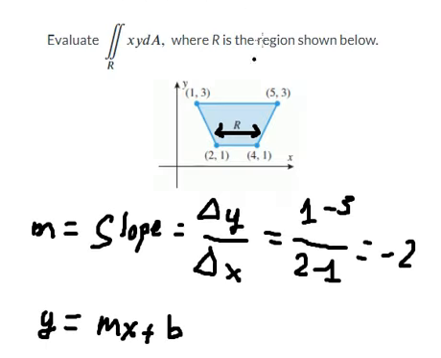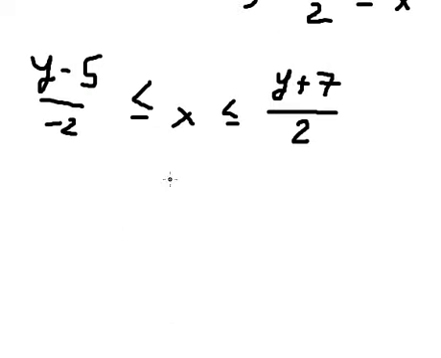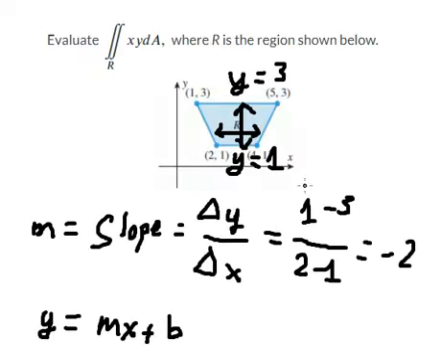Now we need to find the bounds of y. That should be in here. So we can see that the bounds of this one are y equals 3 and y equals 1. So y should be between 1 and 3. And now we put the bounds for this region in here.